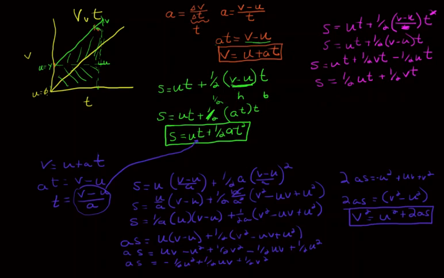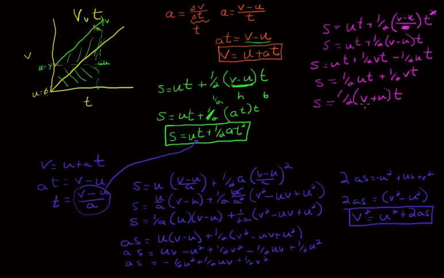There is no right or wrong way to derive these equations or end up with a specific equation as long as you follow the proper algebra rules. I'm trying to get to the ones that are in your data booklet and the ones that we use the most. So S equals 1/2 times v plus u times t.